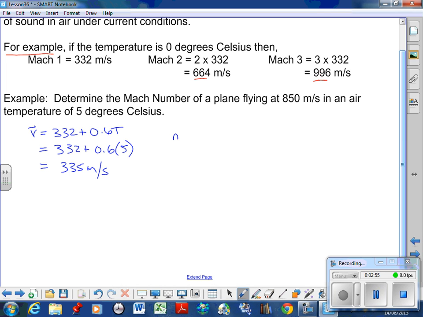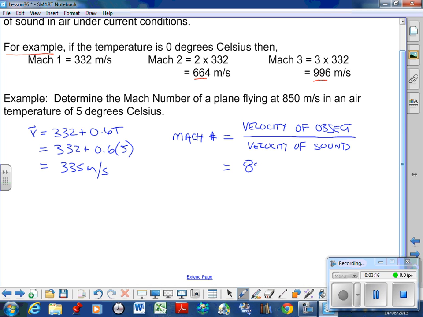So therefore, our Mach number is equal to velocity of object divided by velocity of sound.